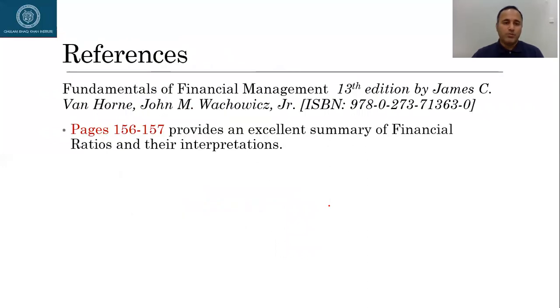This is the book that we are following, and pages 156 and 157 provide a very good summary of all financial ratios and their interpretation. So please read the book and then read pages 156 and 157 of the same chapter.